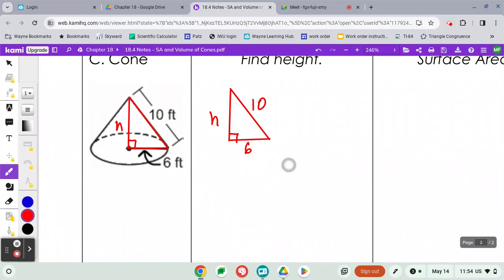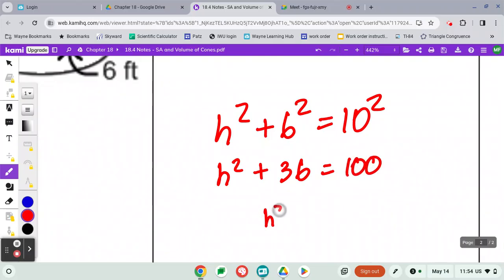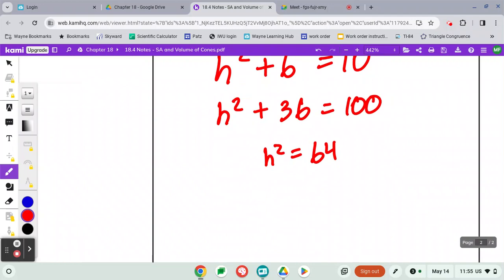That's where we have to be careful on this. So A squared plus B squared equals C squared. What is 6 squared? What is 10 squared? All right, we subtract it and we get 64. What is our answer for the height?